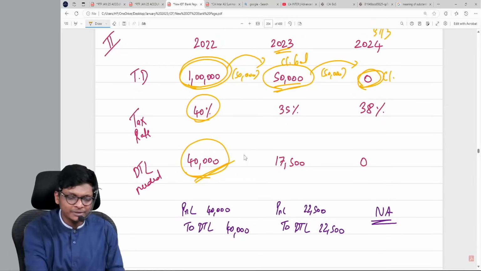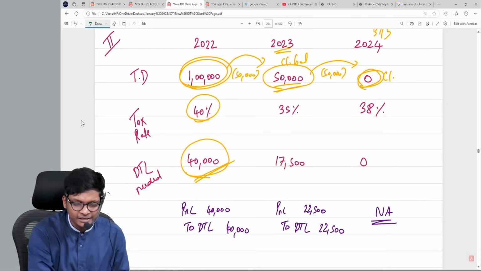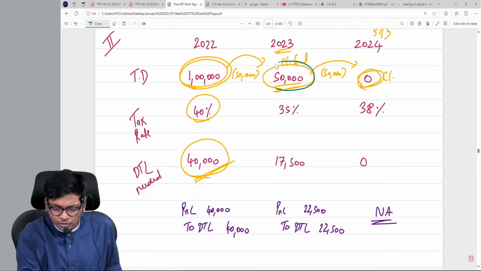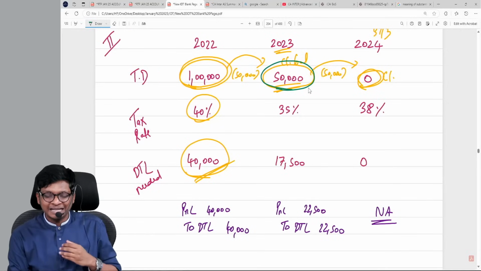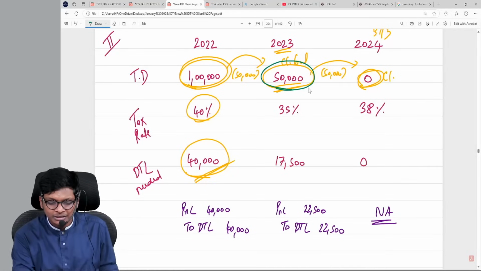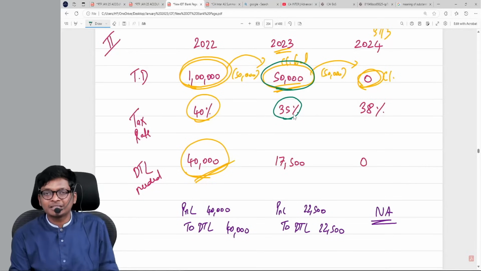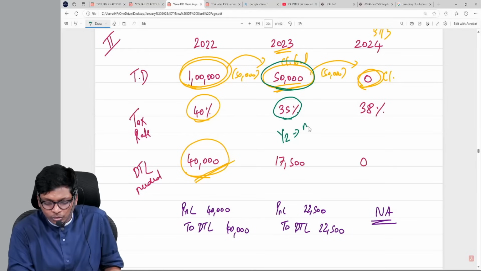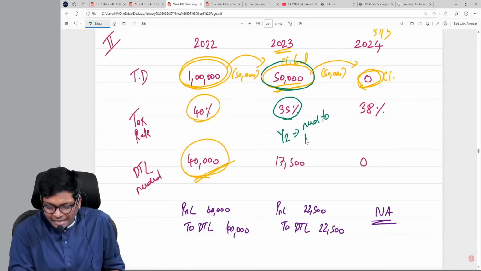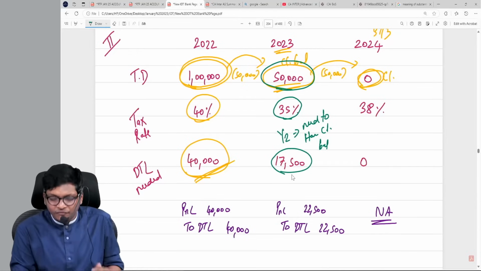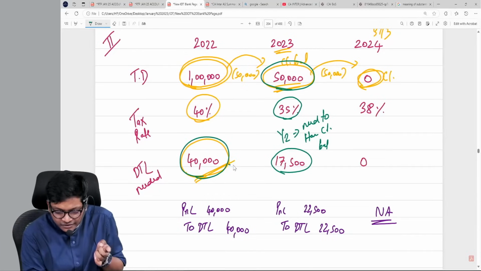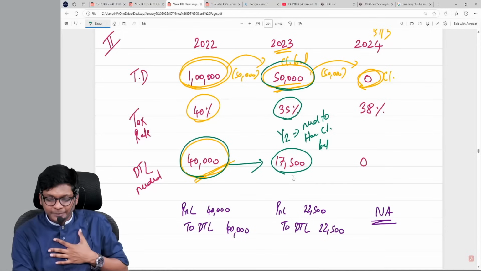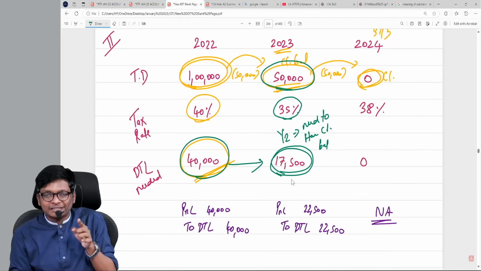Now what is happening, guys, in year 2? If you notice carefully, year 2 the closing balance is 50,000, and year 2 the tax rate has become 35%. That means in year 2 I need to have a closing balance of 17,500 after reversing from 40,000. That means my closing balance has to be 17,500.